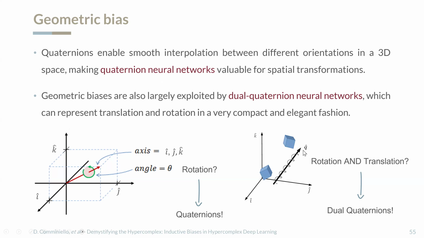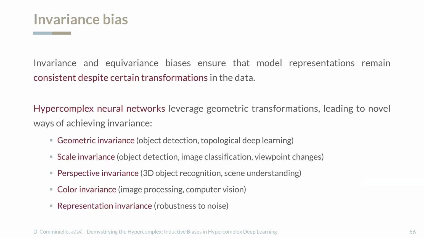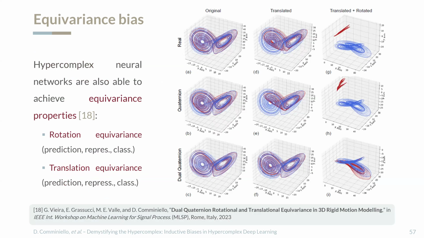If we consider that each signal can be seen as a vector in a space, it is very easy to understand how powerful these kinds of geometrical properties can be. Also, we can have some other properties like invariance biases or equivariance bias.